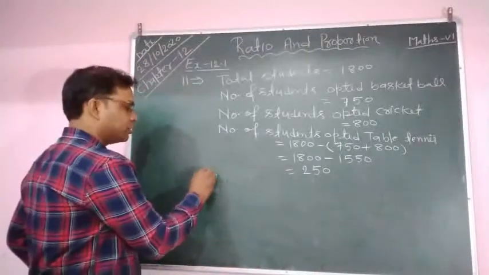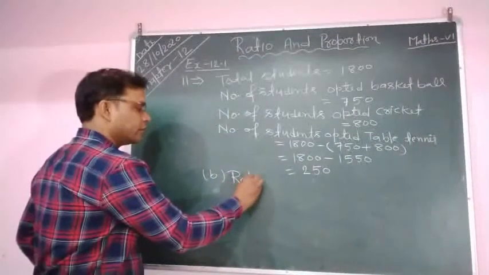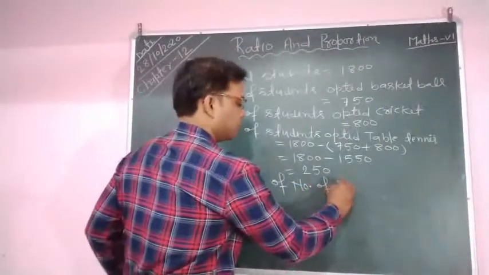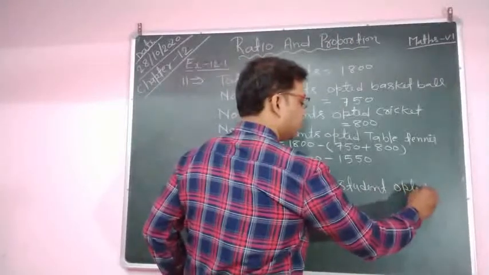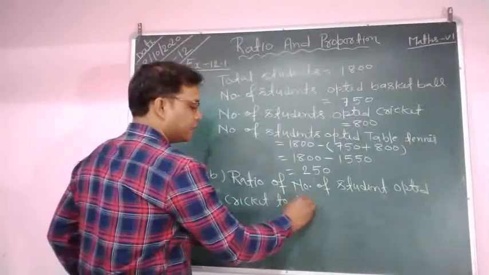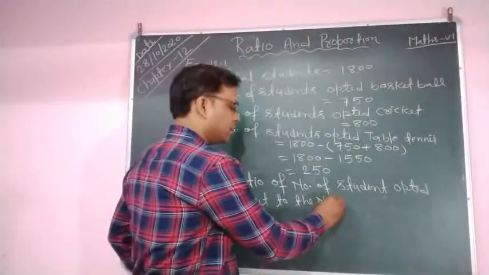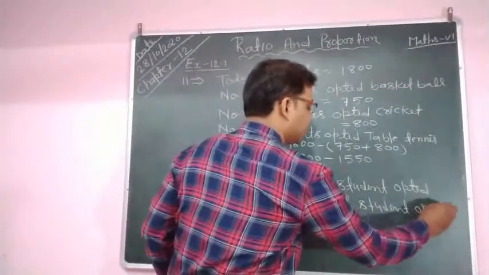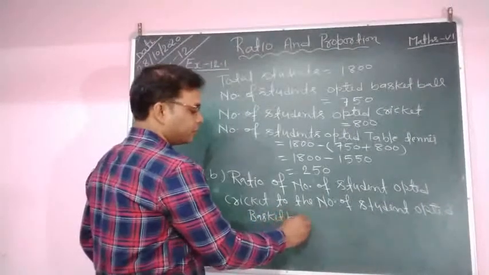So this is the B part of question number 11. We need to find the ratio of the number of students who opted for cricket to the number of students who opted for basketball.